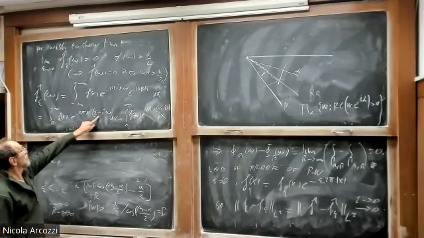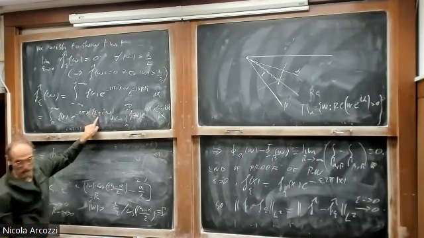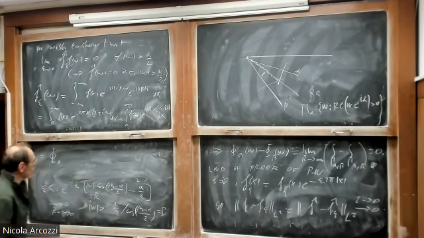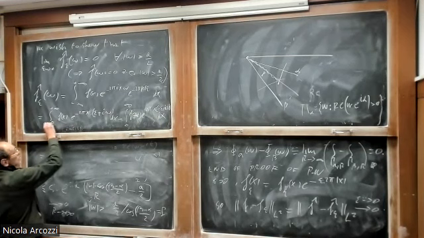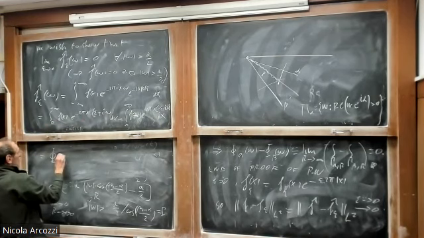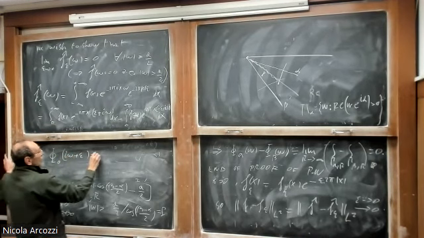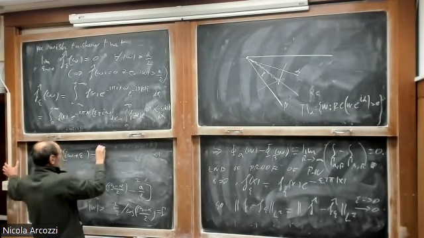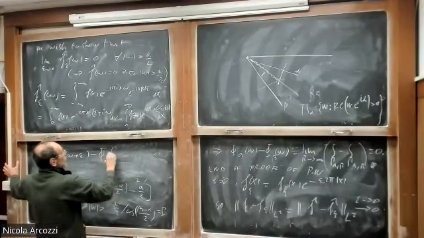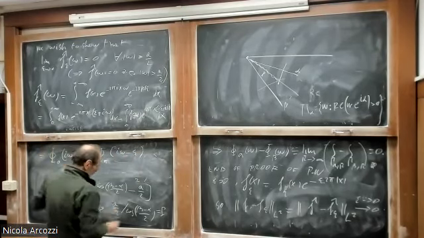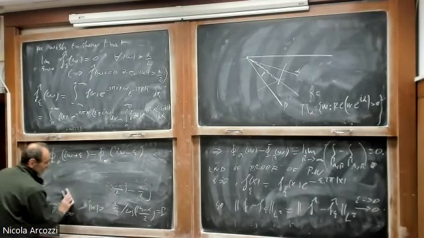Let me check. There was a plus. Yeah, there was a plus. Okay, so this is phi 0, computed at i omega plus epsilon. And this is phi π, because we are in the negatives, computed at omega minus epsilon.